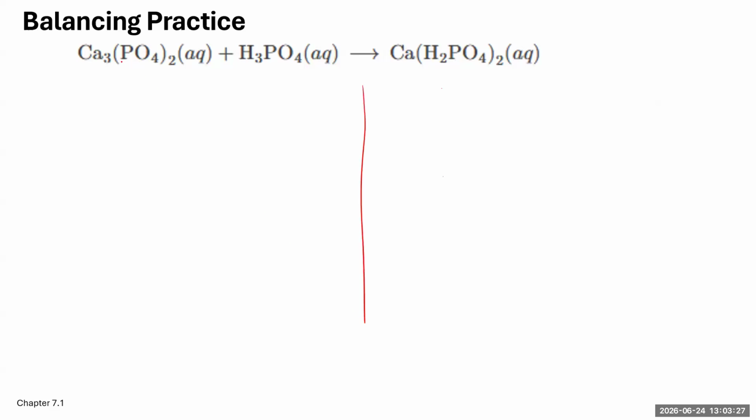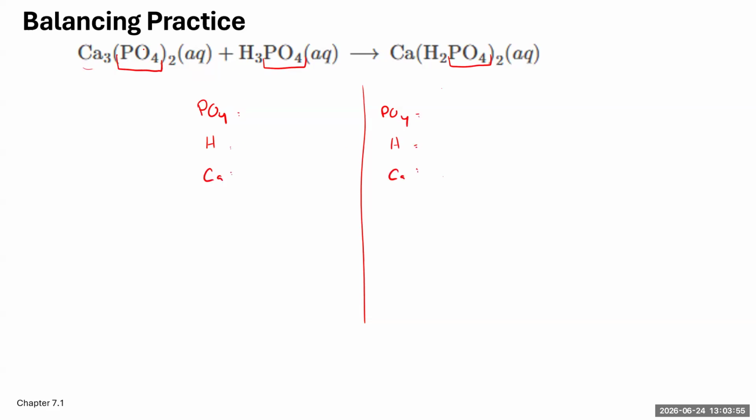This one now has the polyatomic ion in it, and it's before and after. So we're going to keep those together. And you'll see how much easier this is going to be with those polyatomic ions together. So we have hydrogen, hydrogen. We also have this calcium. Now let's do inventory.